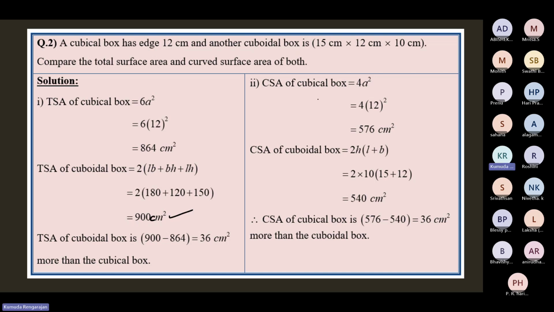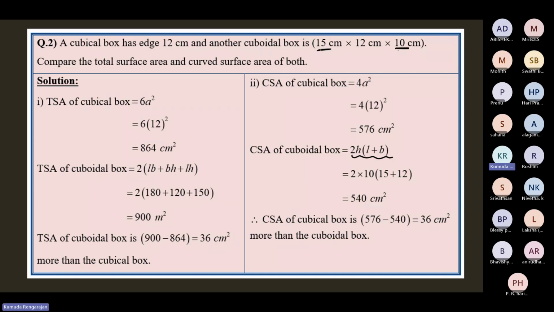You should also compare their curved surface areas. The CSA formula for the cubical box is 4A square. For the cuboidal box it is 2H into L plus B. Be careful when you substitute. Where you can go wrong is in 2H into L plus B. So 2 into H you should put, that is 10.